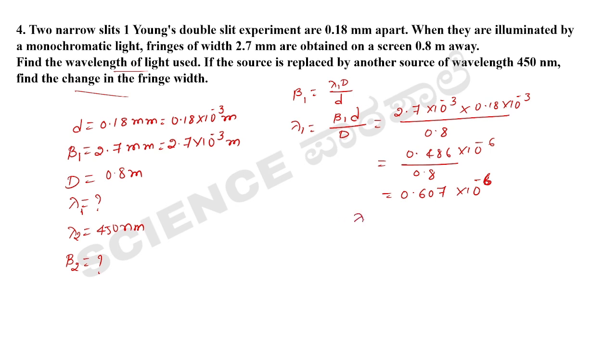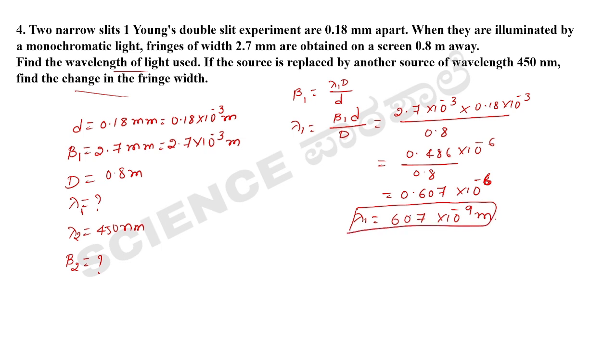So lambda 1 is equal to, shifting 3 places, 607 into 10 raised to minus 9 meter. Now we got the value of lambda.